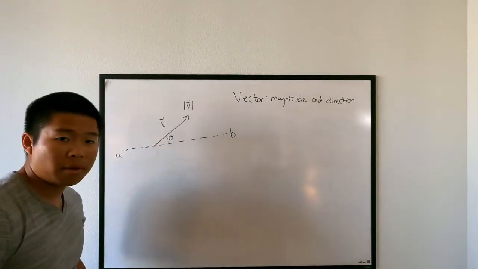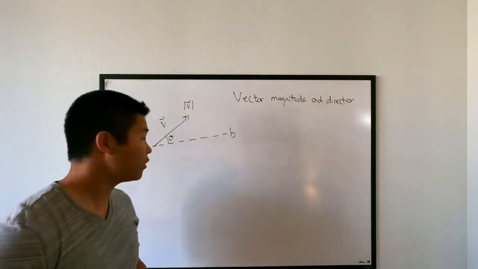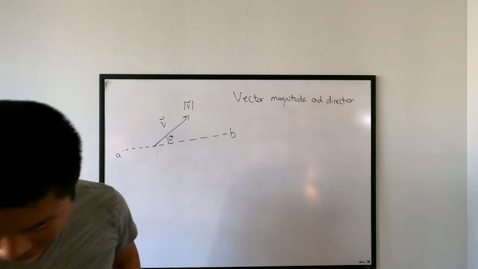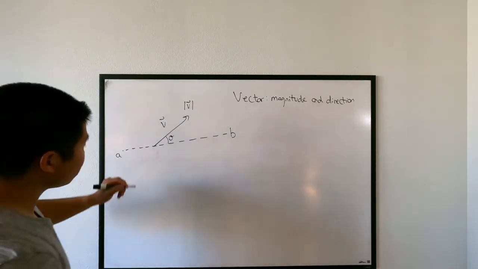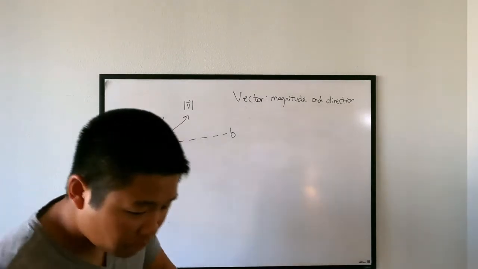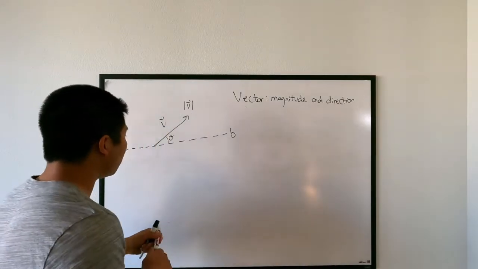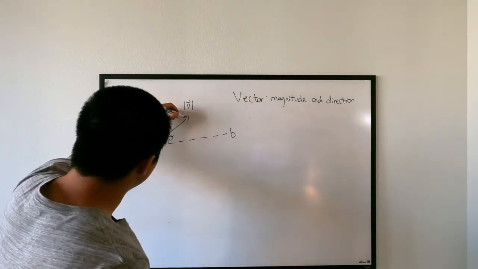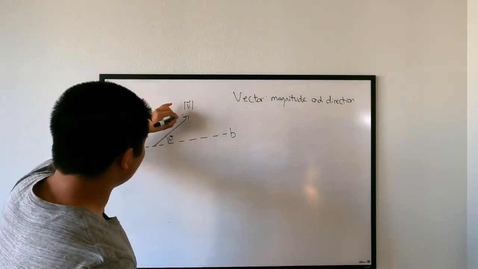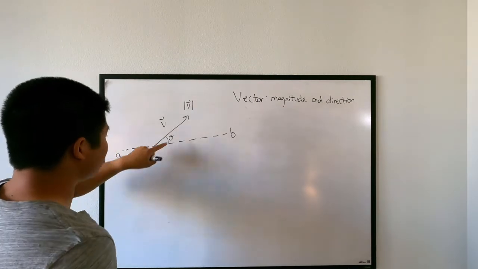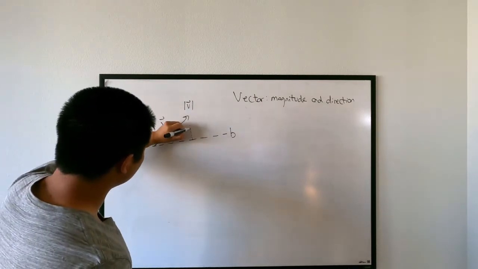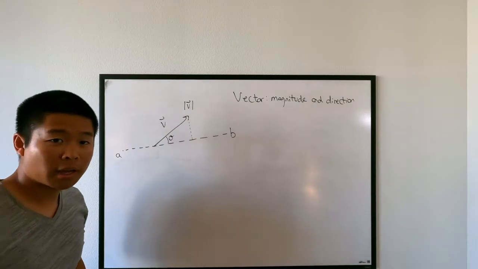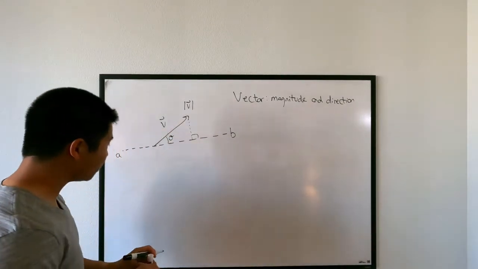I know that it makes an angle theta with this dotted line of the AB direction. Okay, so in order to find that, what I'm going to do is draw a perpendicular line from this dotted line to the tip of my vector, like this.